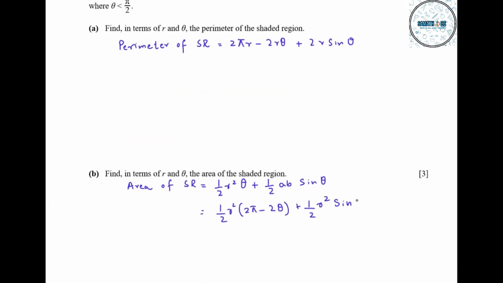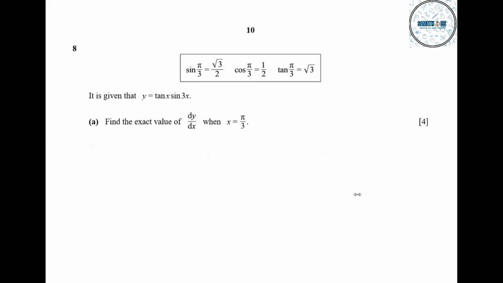So we will write here 2 theta. If we multiply 1 upon 2 r square by 2 pi, we will be left with pi r square. 1 upon 2 r square multiplied by 2 theta will be r square theta. 2 and 2 will be cancelled out. And here we have 1 upon 2 r square sine 2 theta, which together is the area of the shaded region.